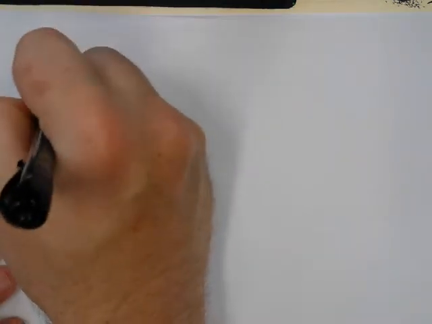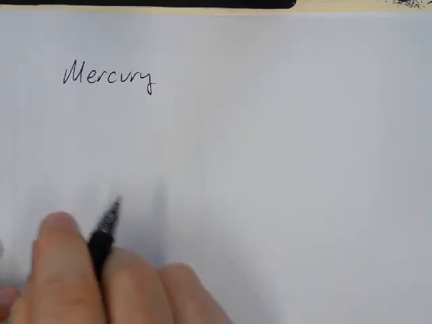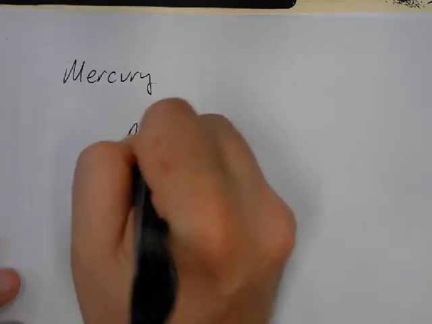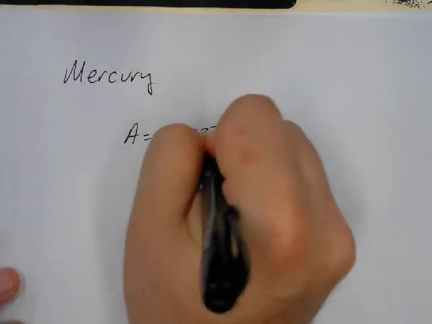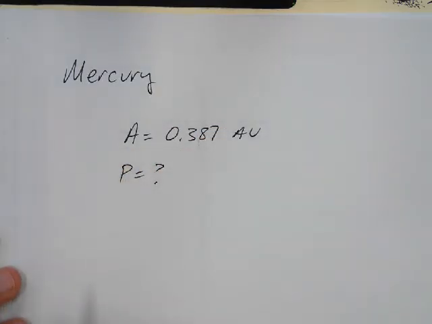We'll look at Mercury. So we're trying to get through these fairly quick. All right, and the distance for Mercury is 0.387 AU. We want to know what the period is. Right.